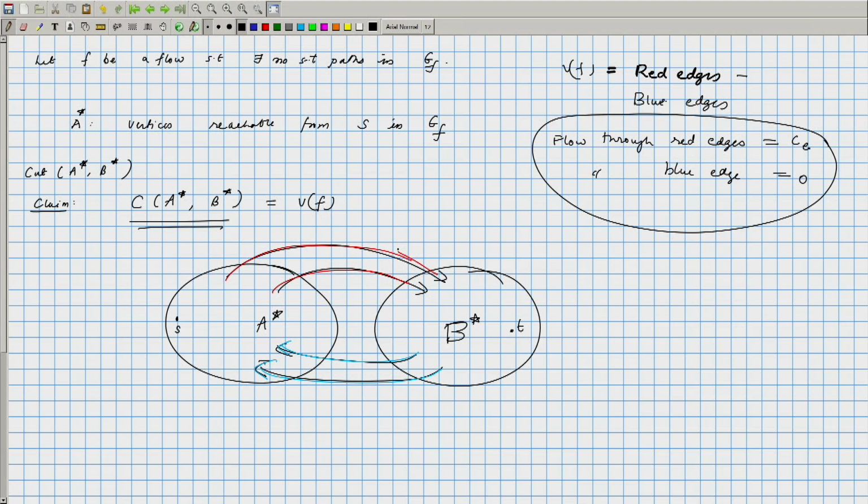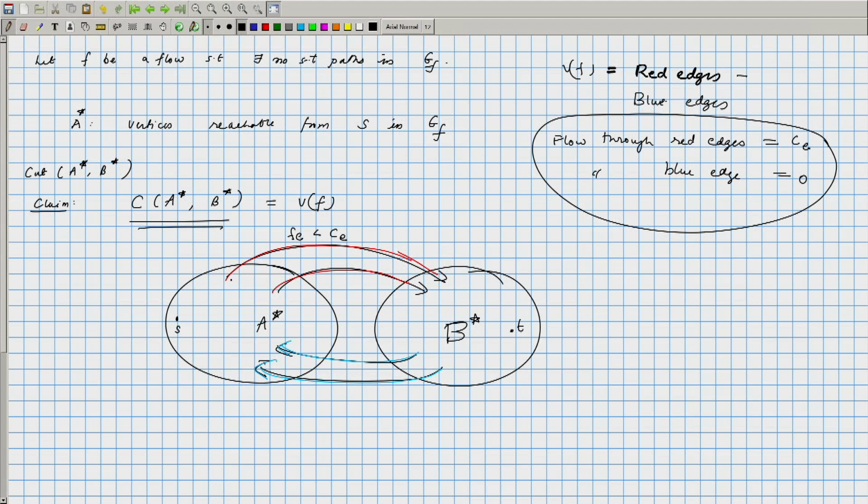Okay. So, now let us show that the red edges are operating at full capacity. It is straightforward, because suppose there was a red edge which is operating at less than its capacity CE. Okay. So, let us say this edge has capacity CE and the flow FE was anything less than that.